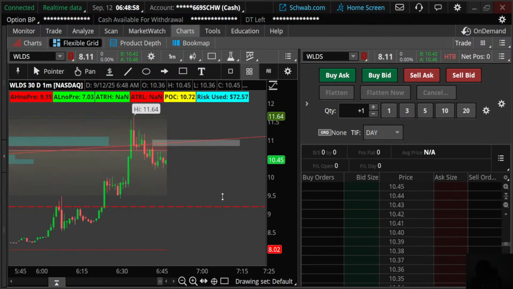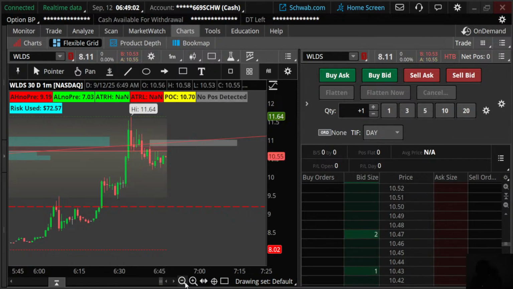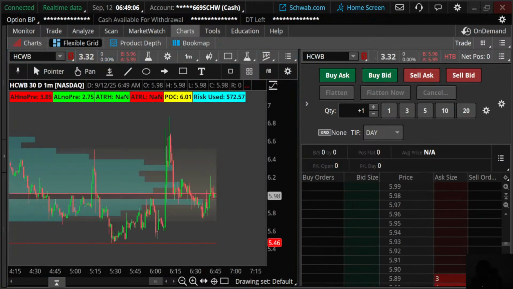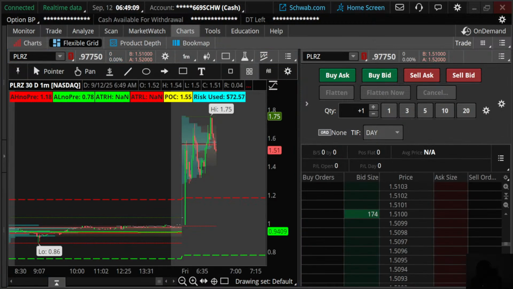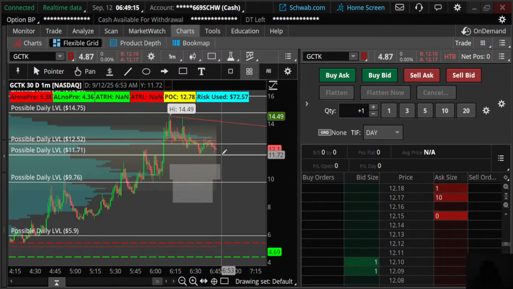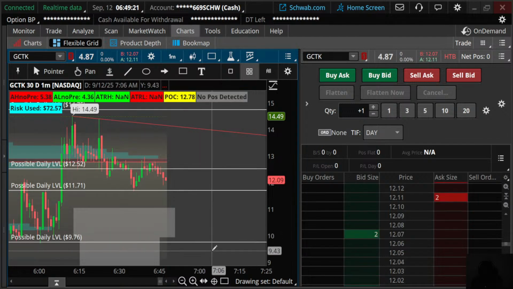WLDS is fully becoming a little bit of a 20% struggler under this level that we saw. HCW, that one's coming on down. This one did a little spike down, but still stopped before it got to this 1174. Come on, big boy. We know those sellers want to get on you.